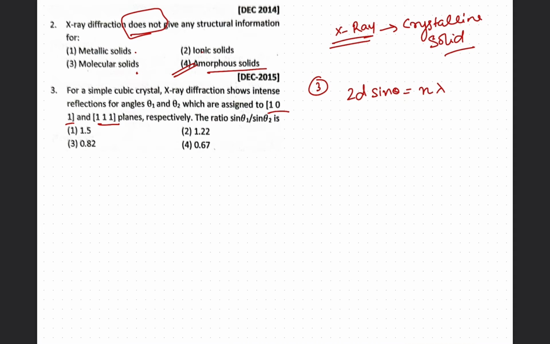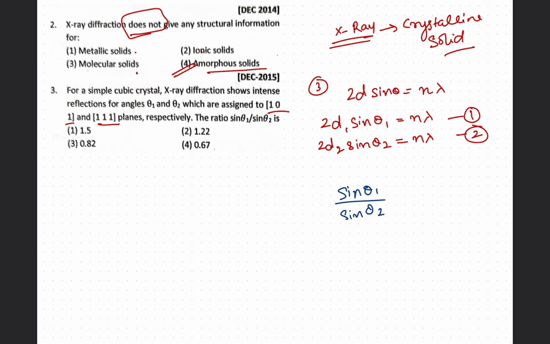So for theta 1 and theta 2, the equations become 2d1 sin theta 1 equals lambda, and because we are using the same X-ray, lambda will be the same, 2d2 sin theta 2 equals lambda. When we take the ratio of both equations, the 2s cancel out, so the final equation is sin theta 1 upon sin theta 2 equals d2 upon d1.